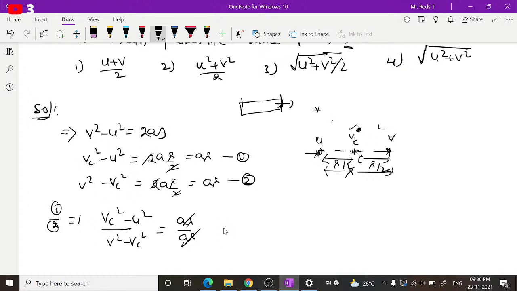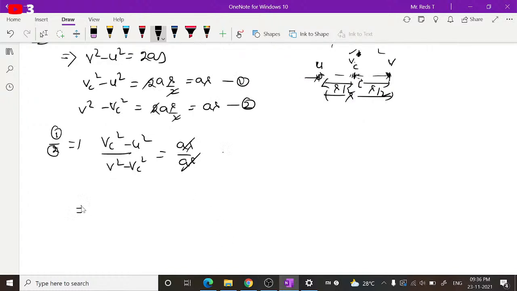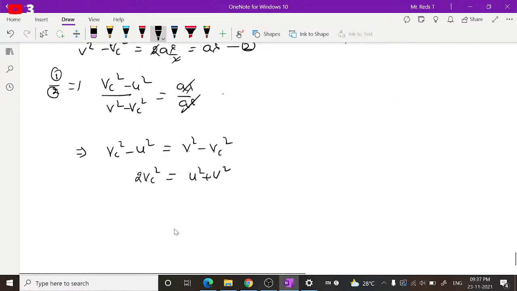So you can rewrite this as vc square minus u square is equal to v square minus vc square. This minus vc square, if you bring it here, becomes plus vc square. vc square plus vc square becomes 2 vc square is equal to v square minus u square. If it comes here, it becomes plus u square. So you can write it as u square plus v square.